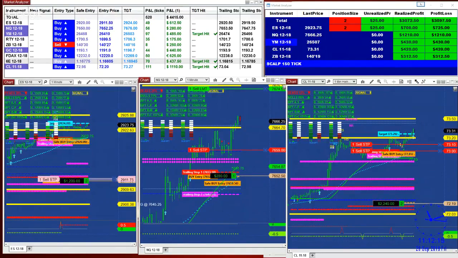For Chris, 6E is very hard to trade, my friend. It's a Forex future. So if you want to trade the 6E, put it on automated trading, because you're not able to trade it by eyeballing the chart. We are in 2018. Those out of date indicators can no longer handle the 6E.